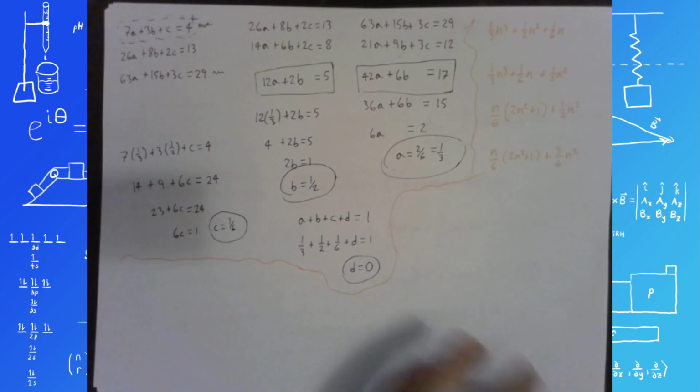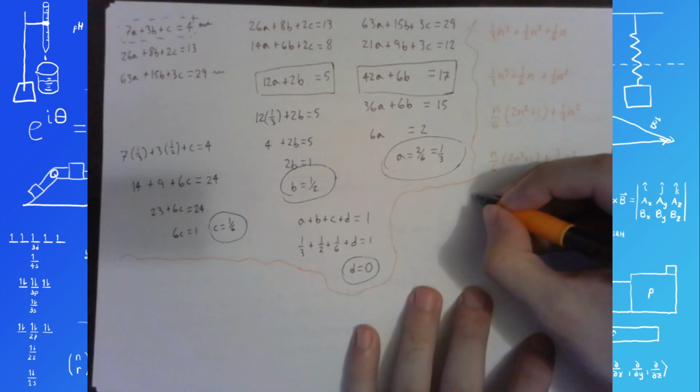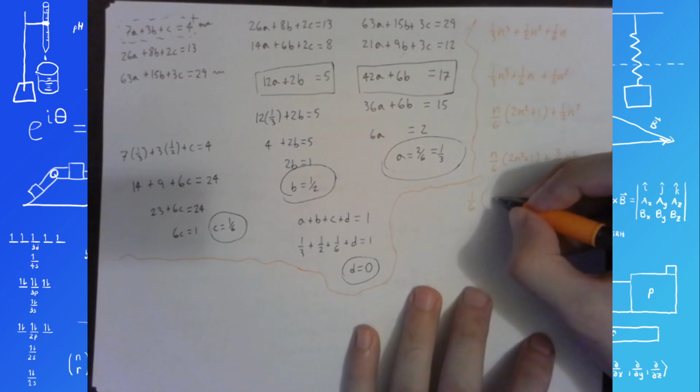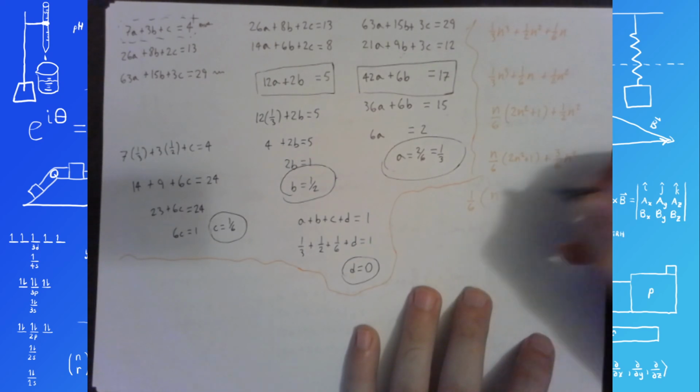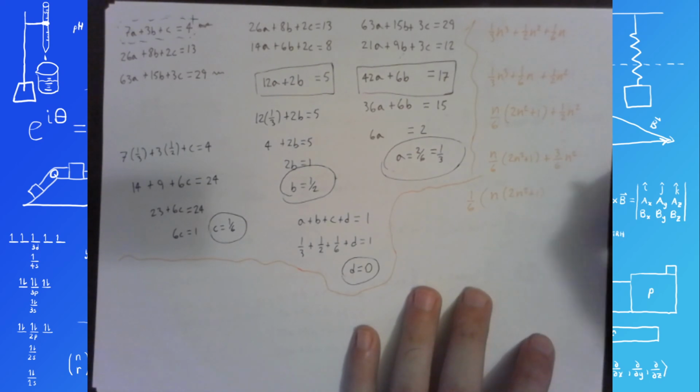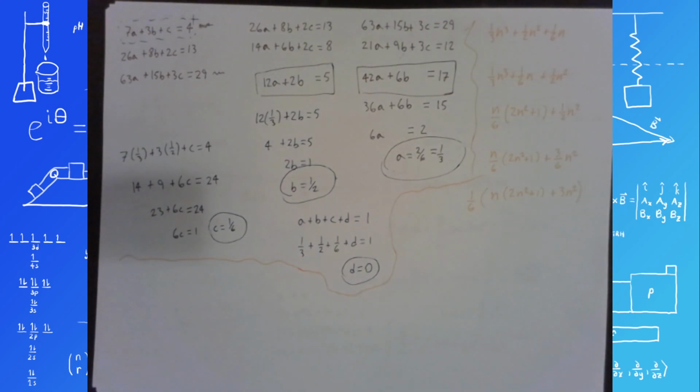If I factor the 1/6 out of that, then I've got 1/6 all times n times 2n squared plus 1 plus 3n squared. No, that doesn't look right.